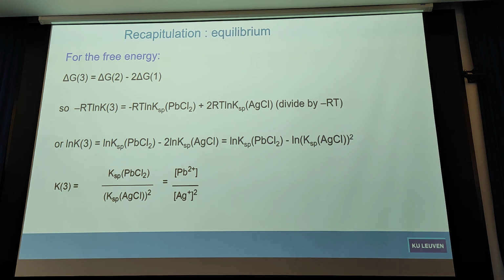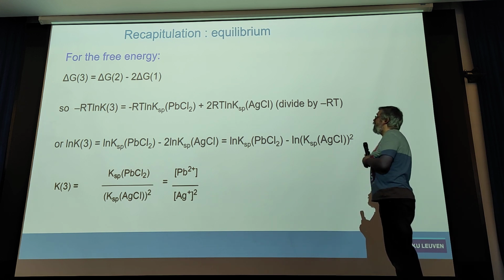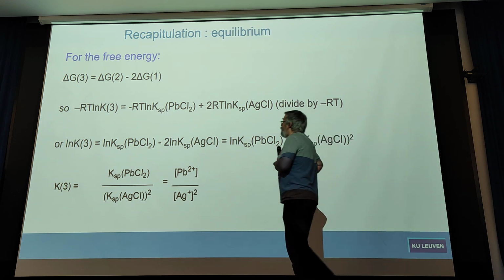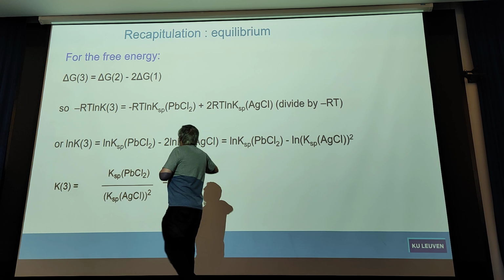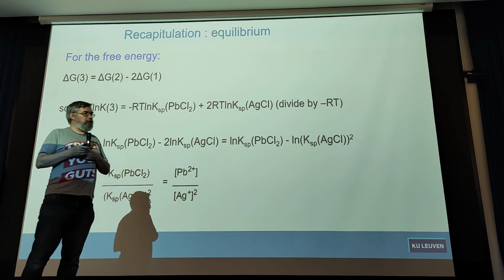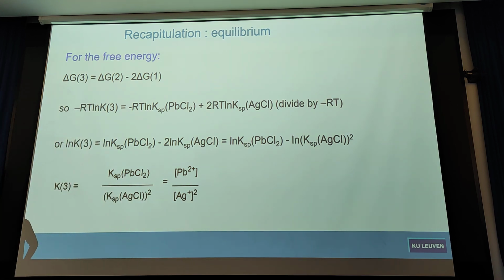So of course, in the case of delta G1, it's going to be 2 times RT ln KSP of silver chloride. This is going to become plus because it's minus and minus combined. So let's make it a little less complex and divide everything by minus RT.